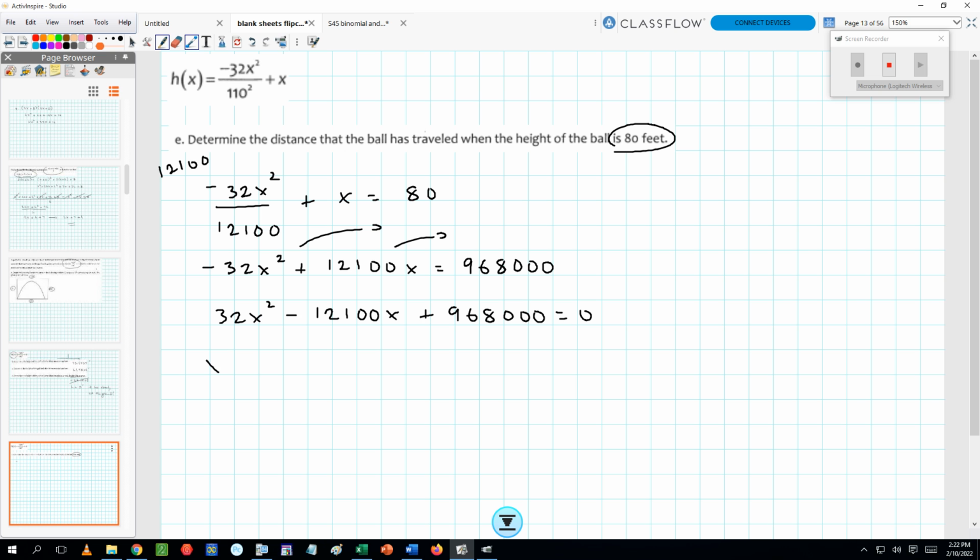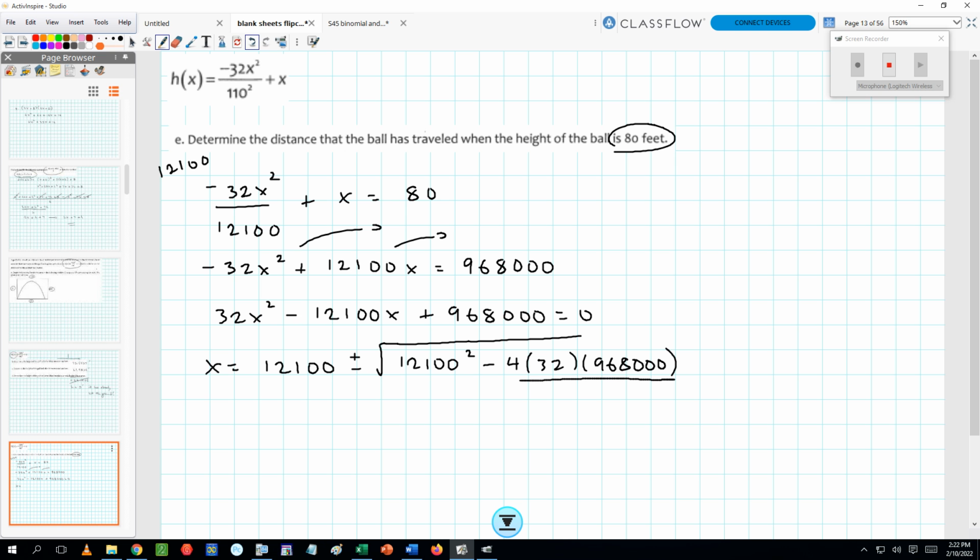Quadratic formula, x is equal to a negative b, which will make that positive, plus or minus the square root of b squared. Now I'm going to lose the sign because I know if I square a negative or if I square a positive, I get the same exact answer. And all that goes over 2 times our a value, 64.